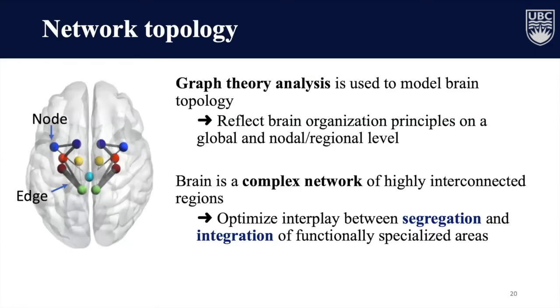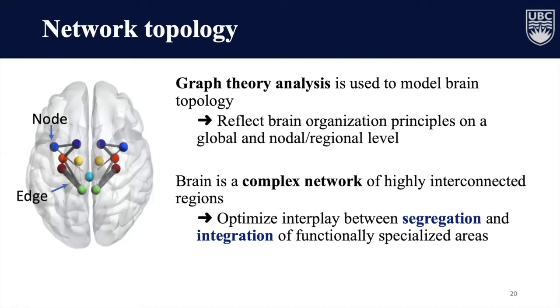So to do this, we used graph theory analysis to look at network topology. In graph theory analysis, the brain is a complex network of interconnected regions. So a graph is defined by a set of nodes. These circles are ROIs, brain regions.